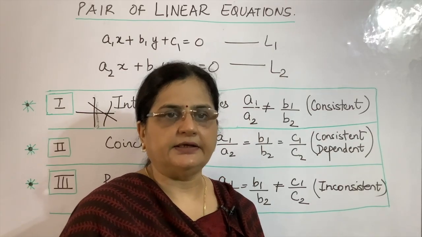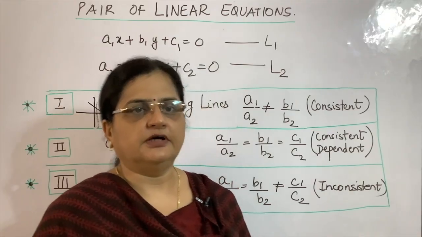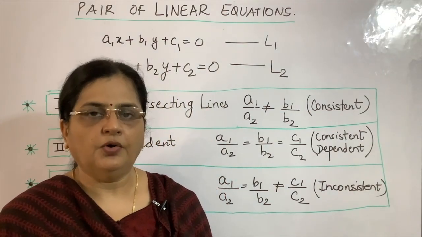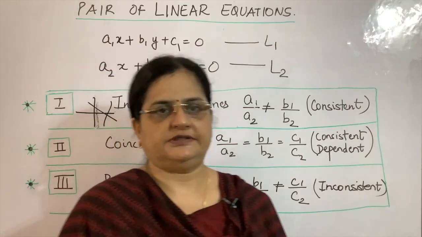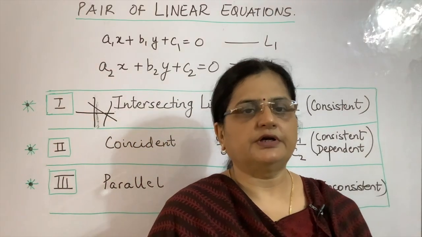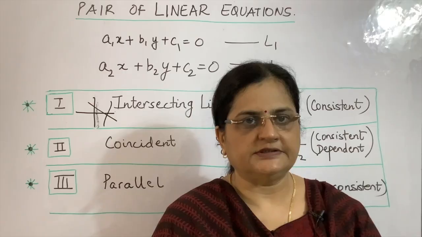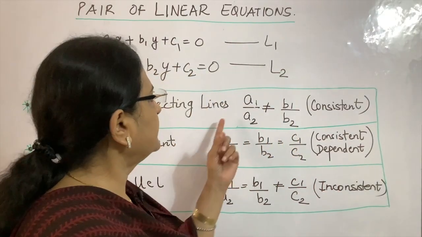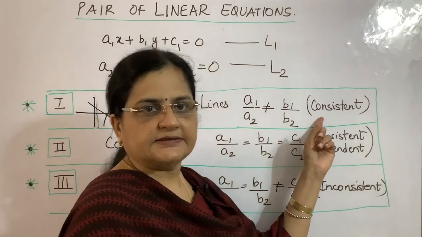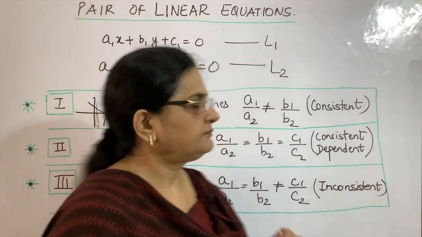Then the lines will be intersecting and we will have a unique solution, only one solution. And what will be the solution? The point of intersection will be the solution. We will write down the coordinates of the point of intersection and say that this is a unique solution. When it is this case, the lines are said to be consistent.